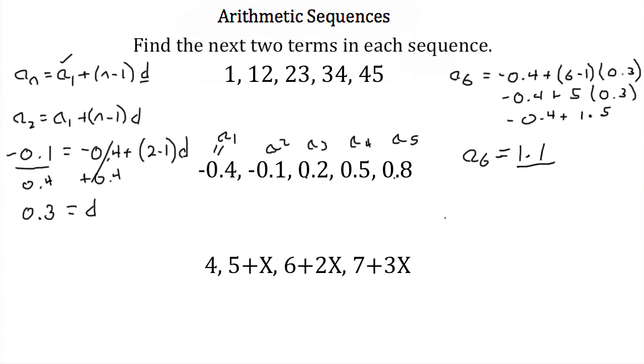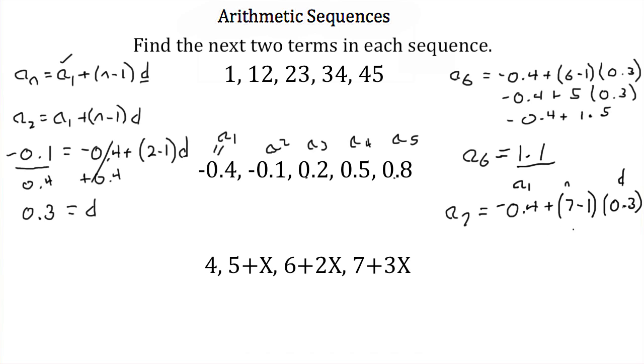So now let's do A7. Again, negative 0.4, because that's our first term, plus 7, because we're talking about our seventh term, minus 1, times our common difference, which is 0.3. This is D, this is N, this is A1.